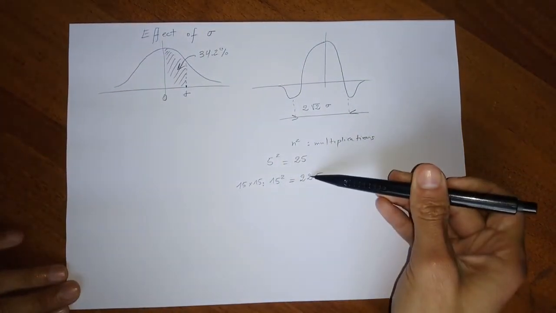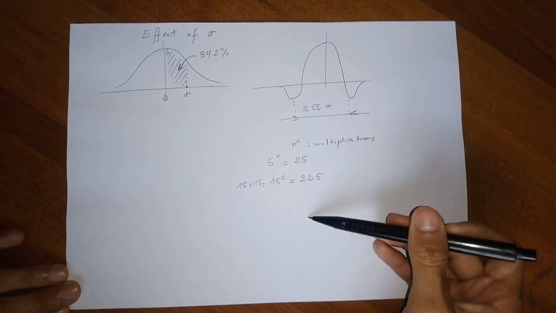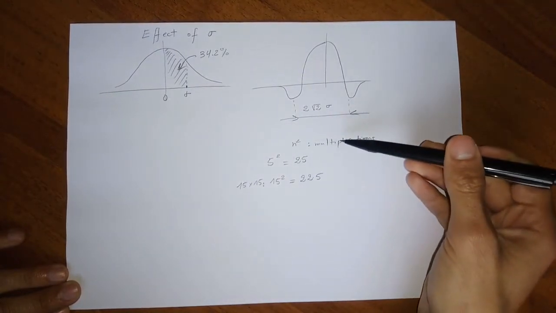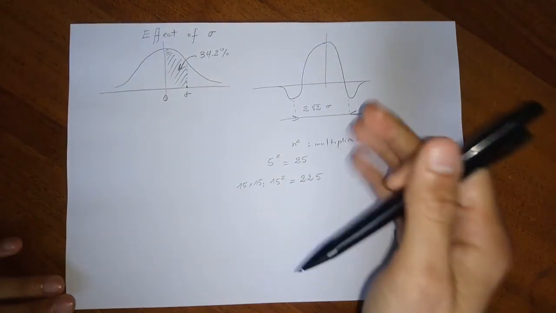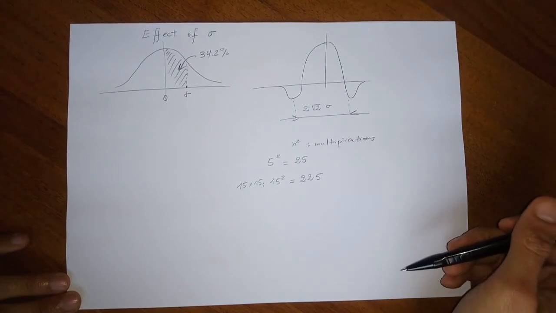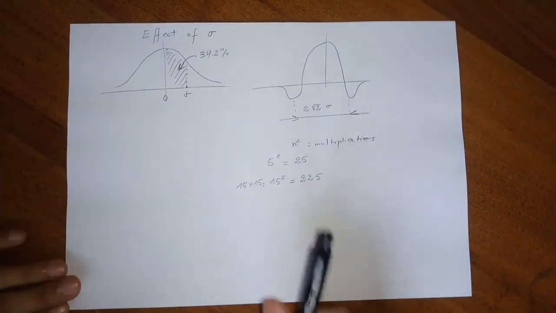The number of multiplications required increases significantly with the size of the kernel, right? Not to mention that we have not only multiplications but also additions, because when we convolve we do multiplications and additions. In this context I'm talking about multiplications just for simplicity.